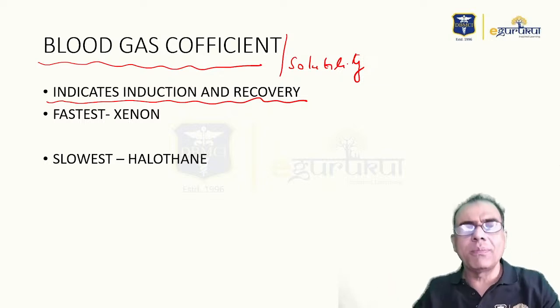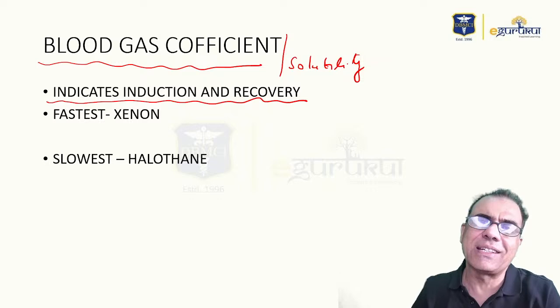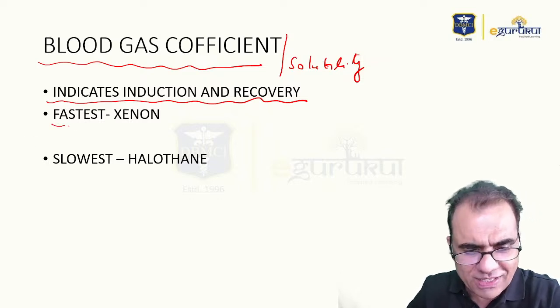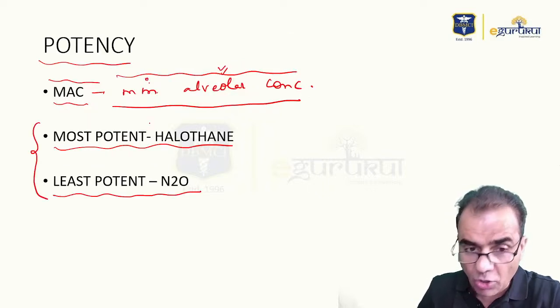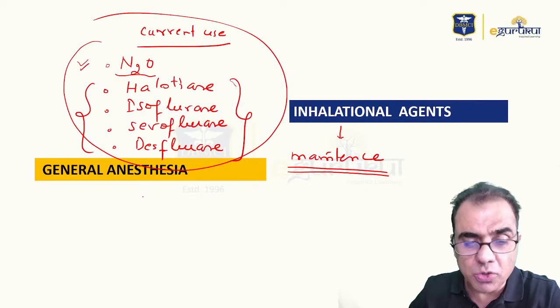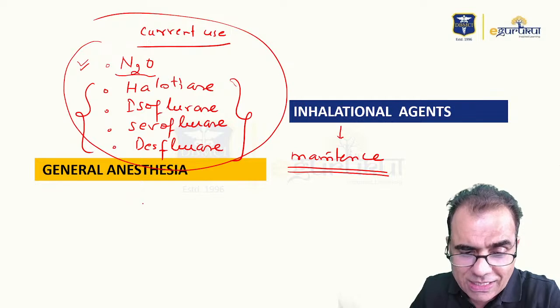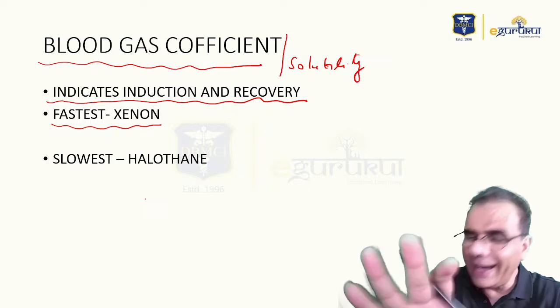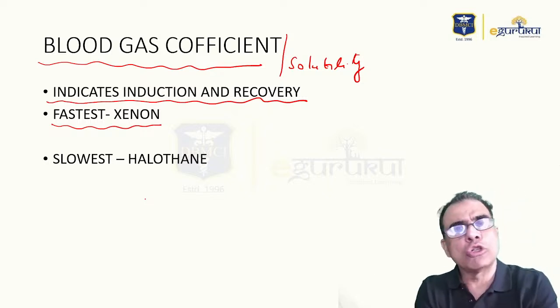What you have to remember is which has the fastest induction and which has the slowest induction and recovery. So overall fastest is xenon. But I did not say xenon among the current use, because xenon is ready but not getting launched because of the cost.